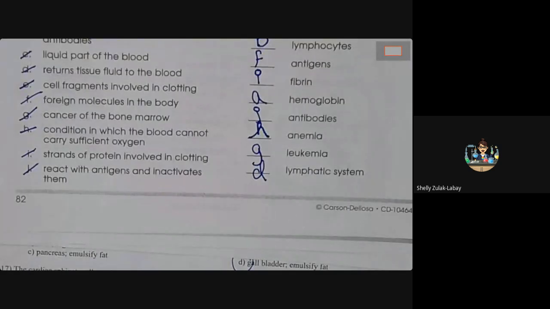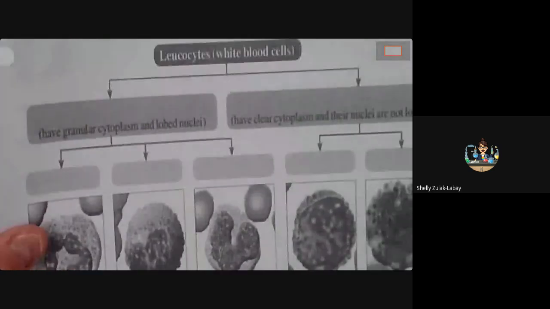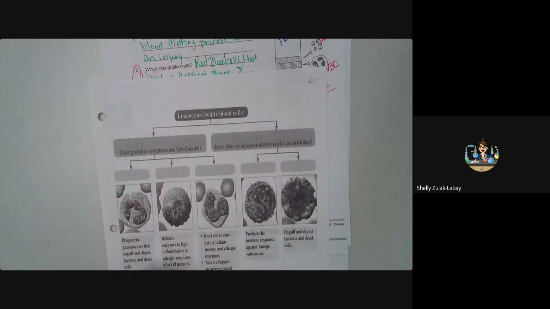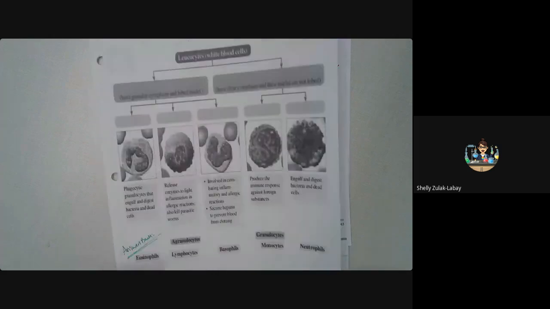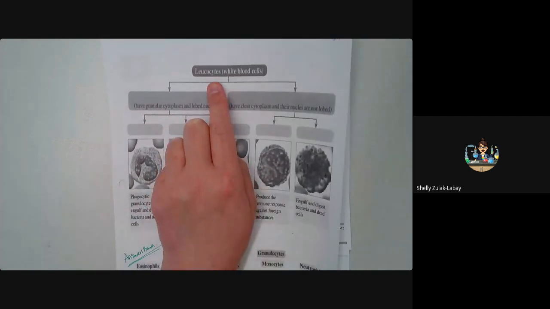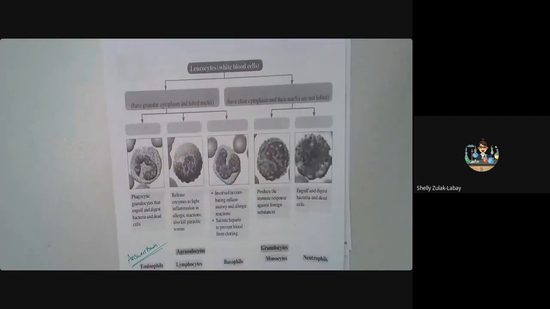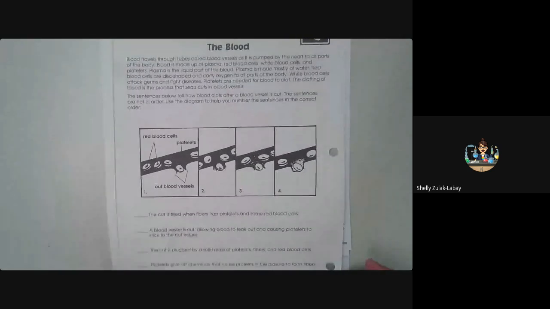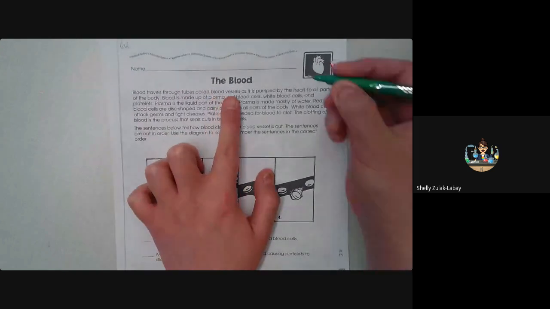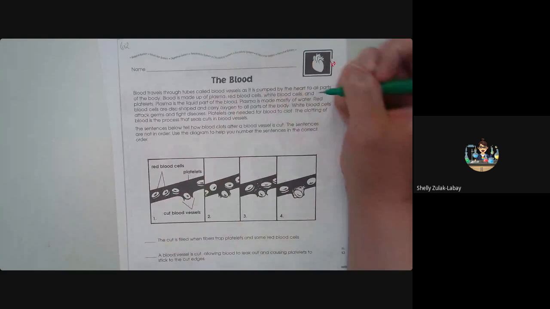So page number 61 is actually going to take you back to part of yesterday's class. On page number 61, all of your possible answers are on the bottom of the page, and you have to put them into the correct location to complete this summary chart about the leukocytes or the white blood cells. And then I'm also going to ask that you do over the long weekend the questions about blood and blood clotting in particular.